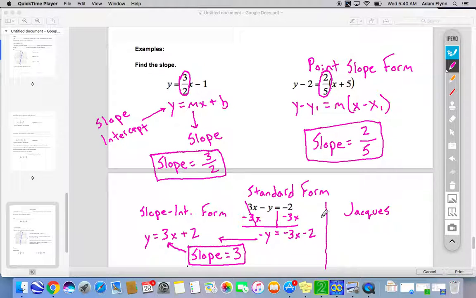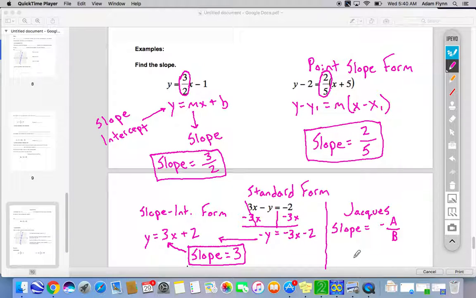So the Jake's method tells us that all we need to find or identify are our a and our b. So our slope is negative a over b.